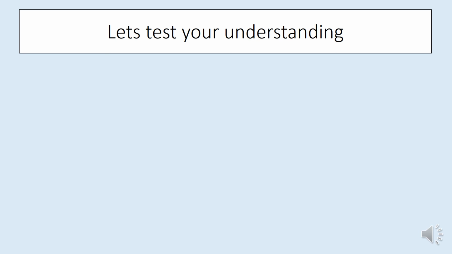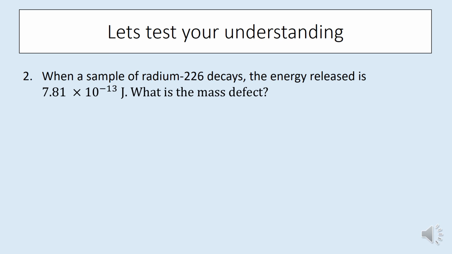Next, for the second question, when a sample of radium-226 decays, the energy released is 7.81 times 10 to the power of negative 13 joule. What is the mass defect?